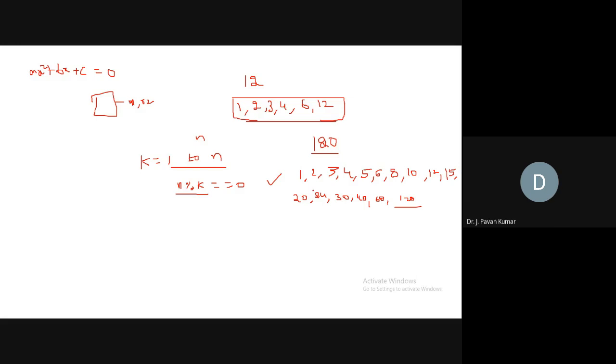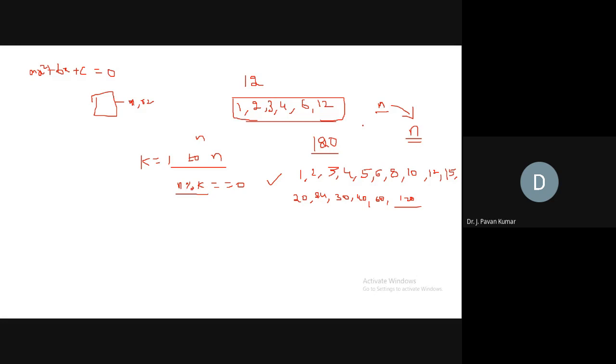Now if you observe, the given number n can be anything, like 1200 or 12,000 or 1 lakh. For that particular number, the same number is a factor, definitely. Yes or no? For 120, 120 is a factor. For 12, 12 is a factor. That's an obvious thing.